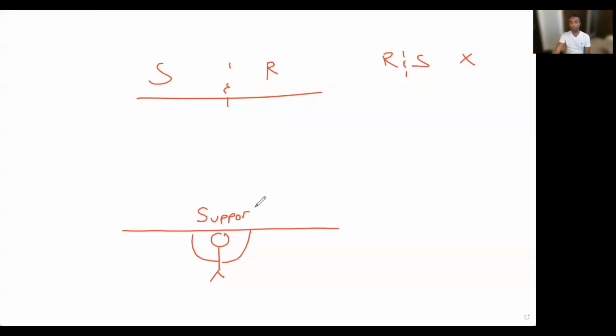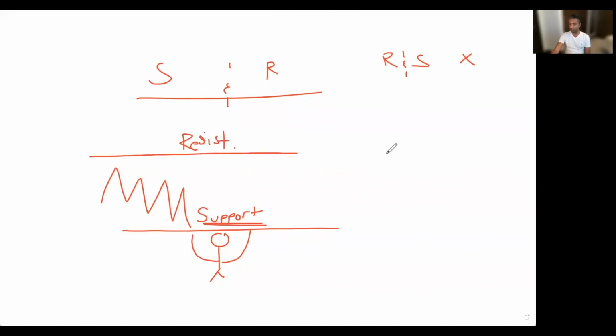So if your prices are here, whatever is below you holding it up is support. Whatever is above you is resistance. So far so good? Simple enough, right? Now, let's go deeper into why this concept is so interesting. How do people use it and what do they do with it?